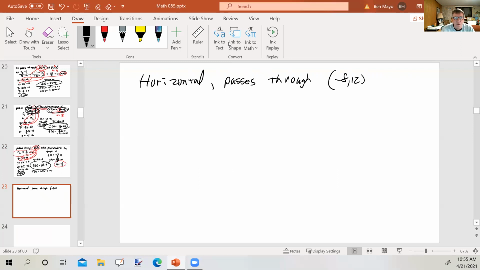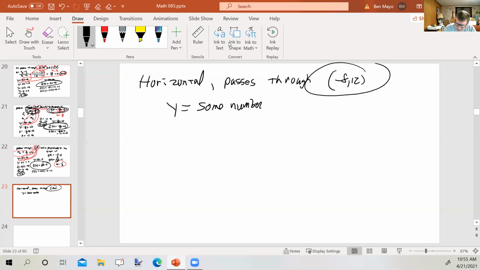Well, if it's a horizontal line, it has to be in the form of y equals some number. But if it passes through that point, the y value has to be 12. Writing it as a function, f of x equals 12. There we have that example.